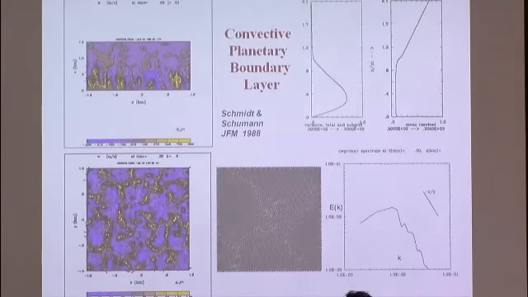Another canonical test case which provides very rigorous quantitative information is the example of the convective planetary boundary layer. Basically it's like water in the kettle: you heat the bottom of the kettle and you start to have bubbles rising. The same type of thing here.